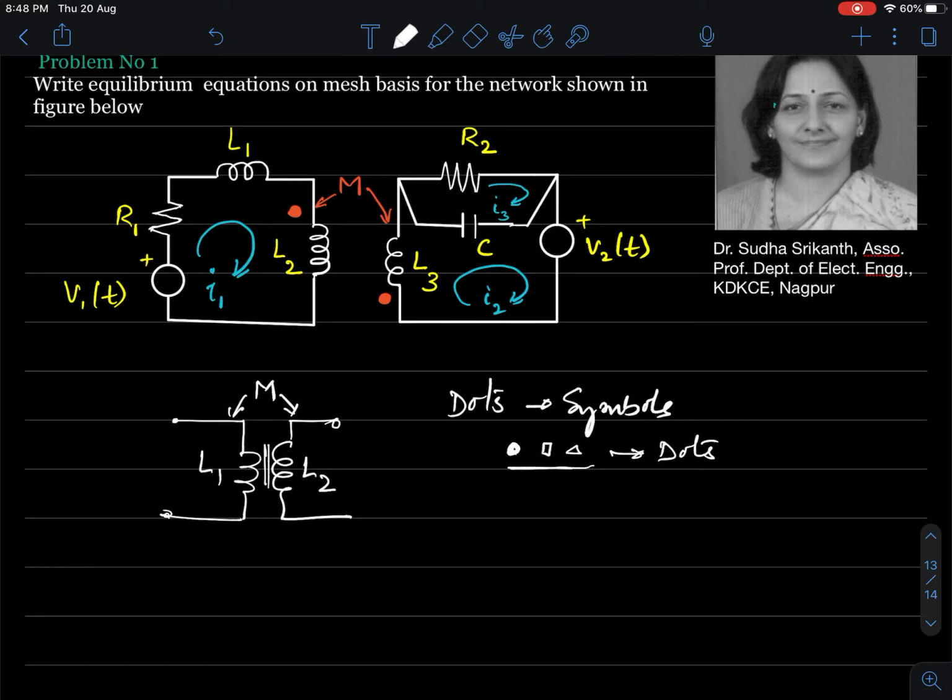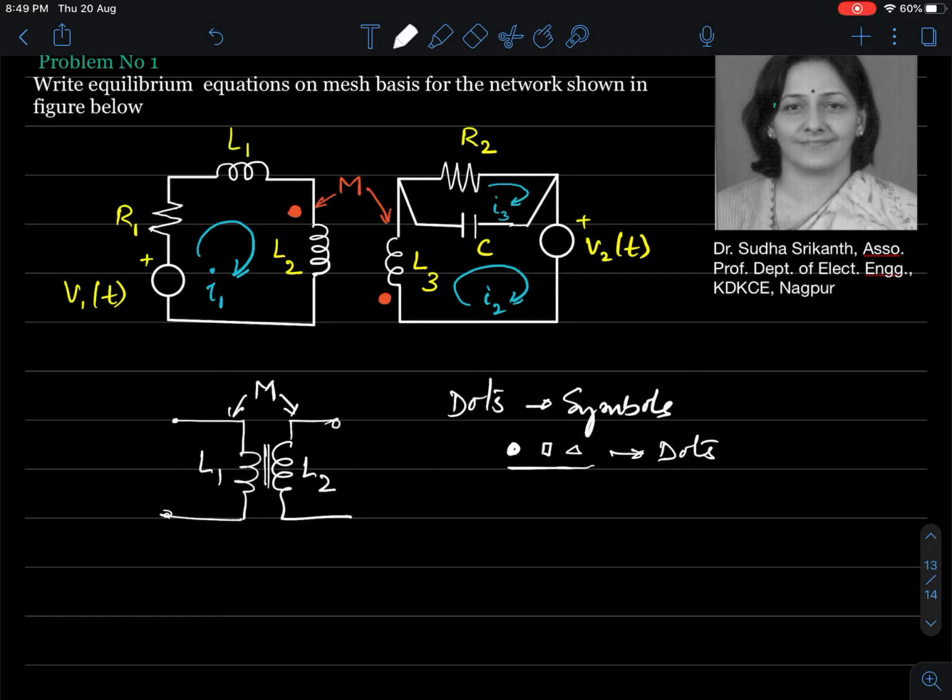You don't say triangle, you don't say square; you simply say dots. If you have similar symbols near two coils, it means that these two coils are mutually coupled to each other. That means current through one coil is capable of inducing a voltage in the other coil, which is nothing but a dependent source.